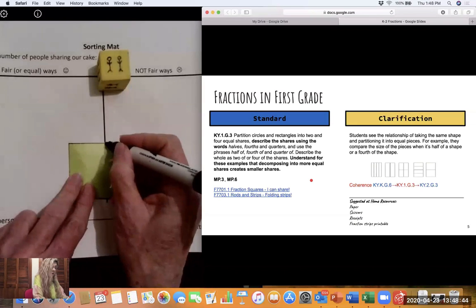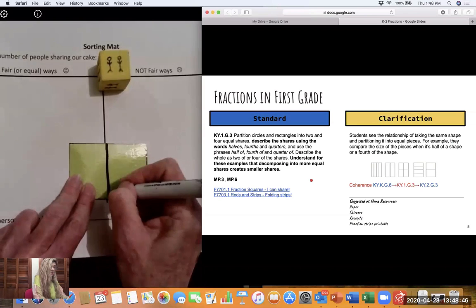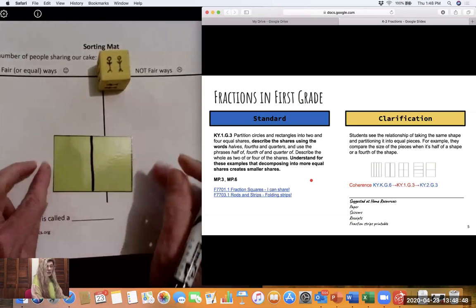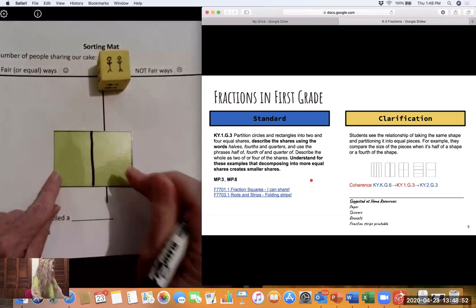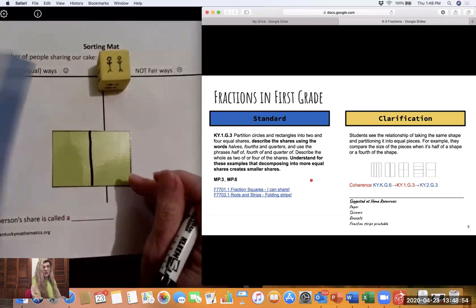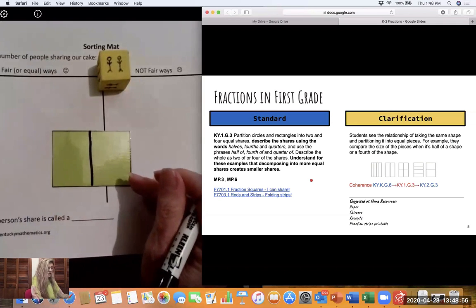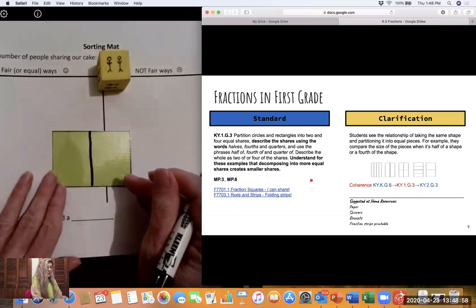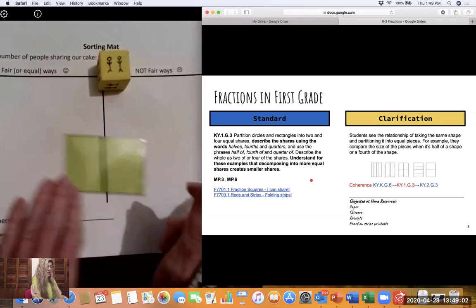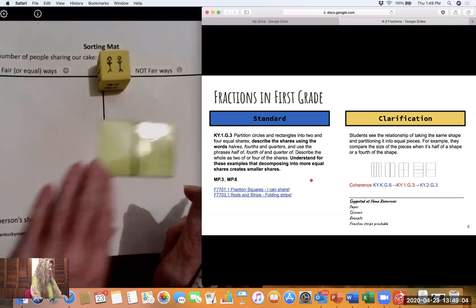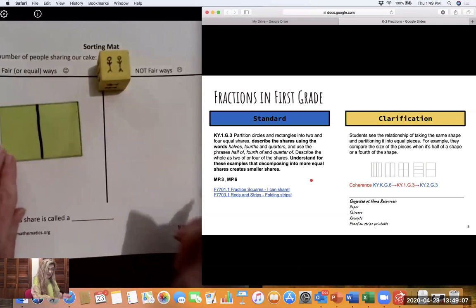And of course, when you're doing this in a classroom with the kiddos, you want to be okay with it. You know, obviously it's hard to get it perfect. And if they want to use a ruler or a straight edge, you could do that as well to straighten it up for them. This would be one way that someone may say, is it fair or is it not fair? And then the kids decide if it's fair or not.